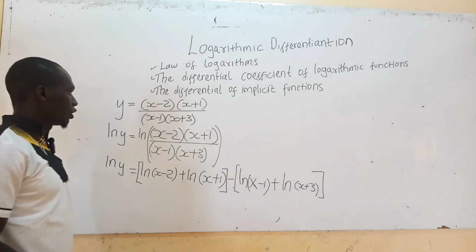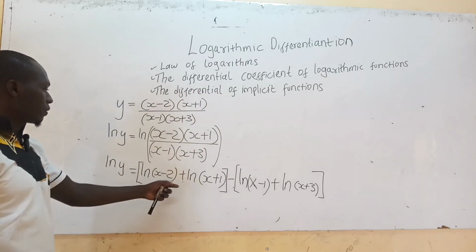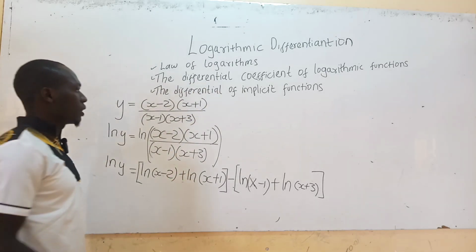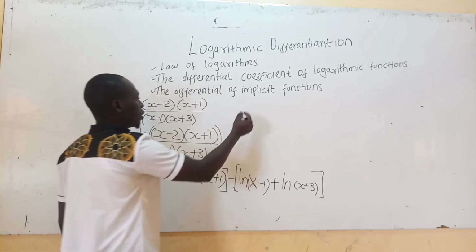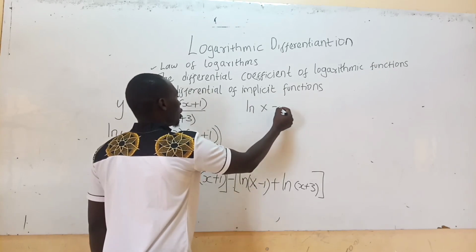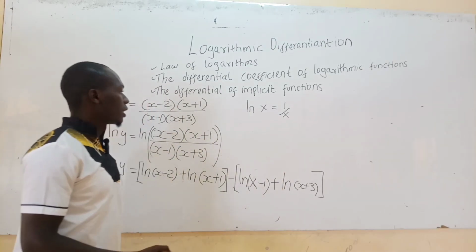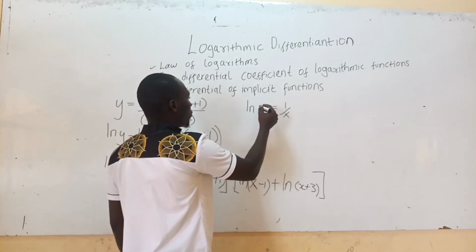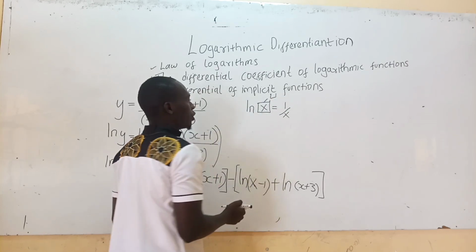After the introduction of the natural log into each and every term, now let us do our differential, the differential coefficient of the logarithmic function. So when it comes to the differential coefficient of this logarithmic function, for example, you can have the natural log of x is equal to 1 all over x. This one means that we are going to take this term as our u.